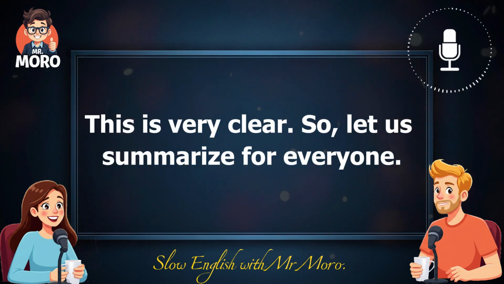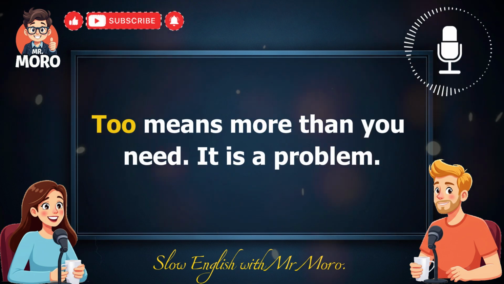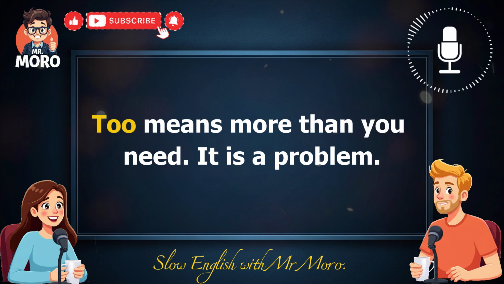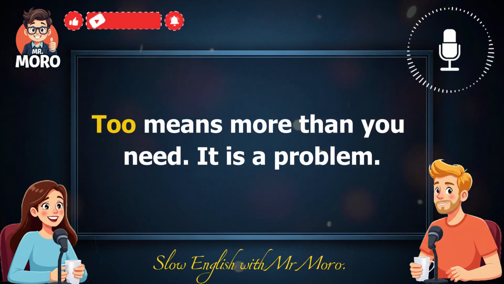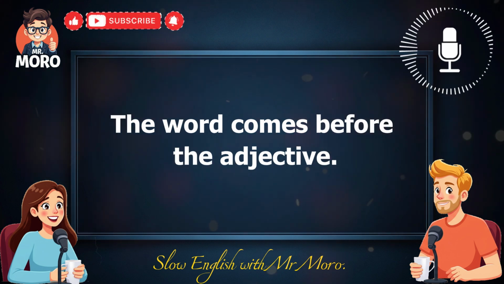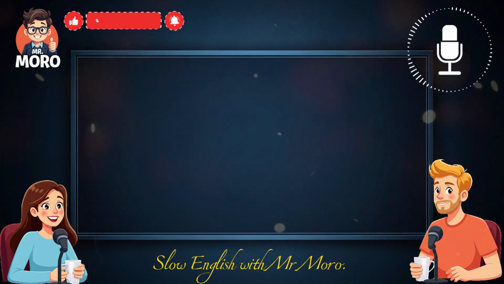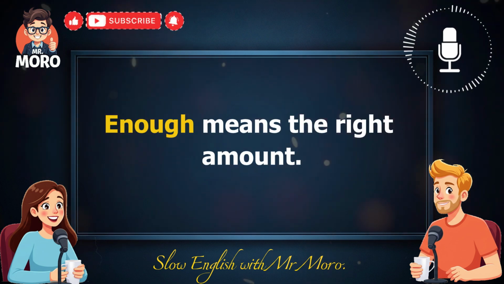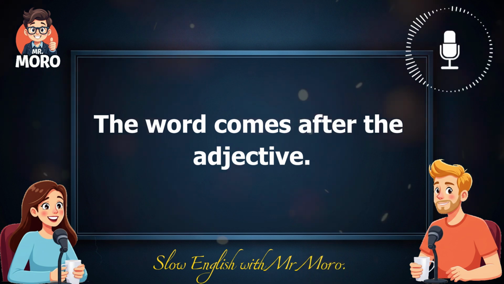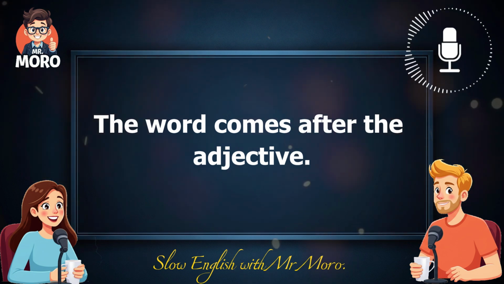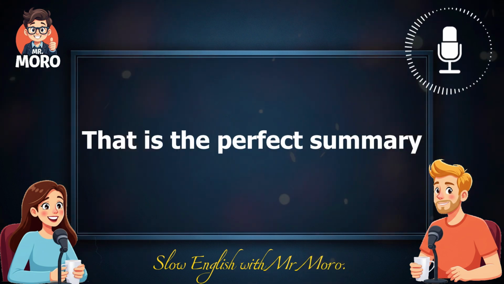This is very clear. So let us summarize for everyone. Too means more than you need. It is a problem. The word comes before the adjective. Enough means the right amount. The word comes after the adjective. That is the perfect summary.